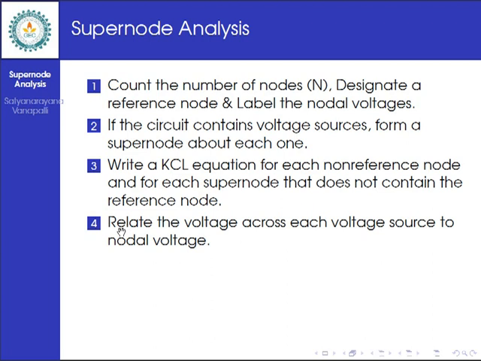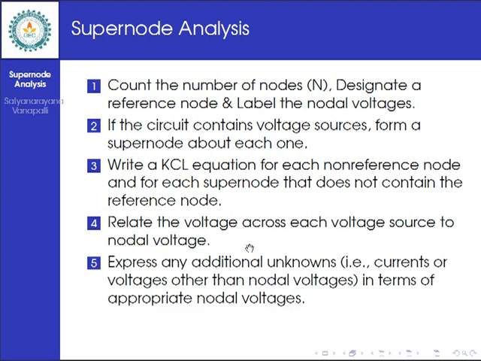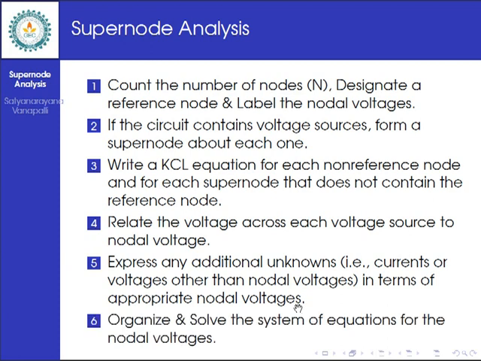The fourth step is to relate the voltages across each voltage source to the node voltages. Then, if any unknowns, that is currents or voltages other than the nodal voltages, are present, express them in terms of appropriate nodal voltages. After that, organize the equations and solve the system of equations for obtaining the unknown node voltages.